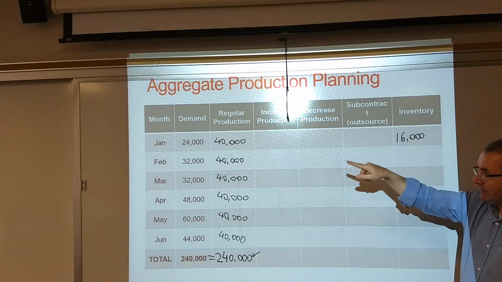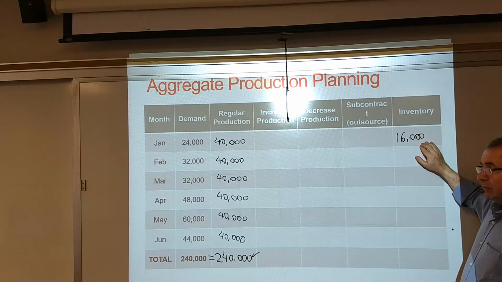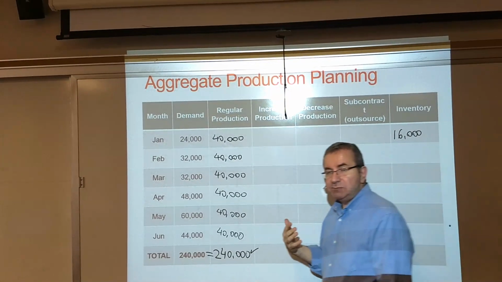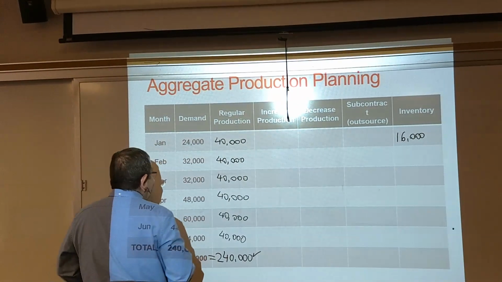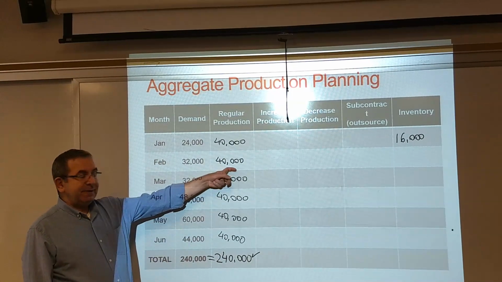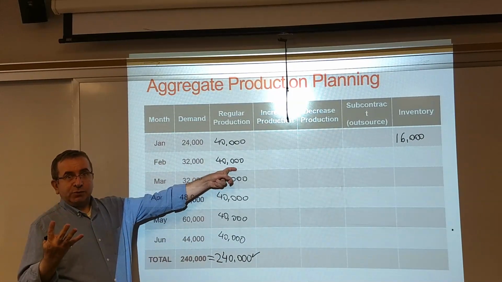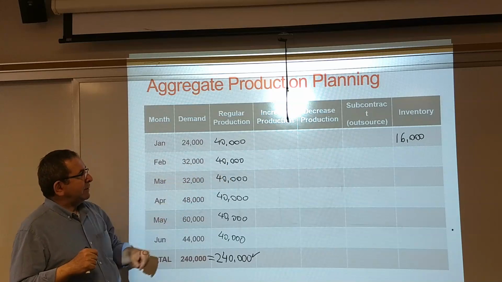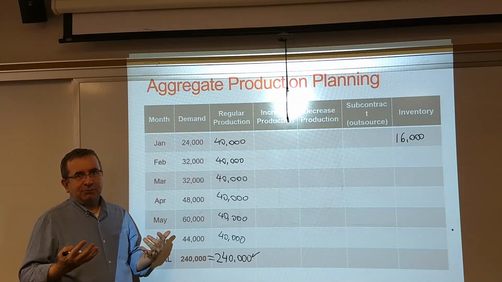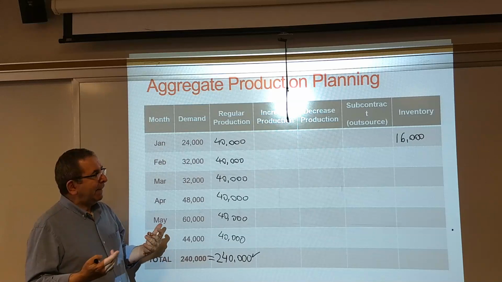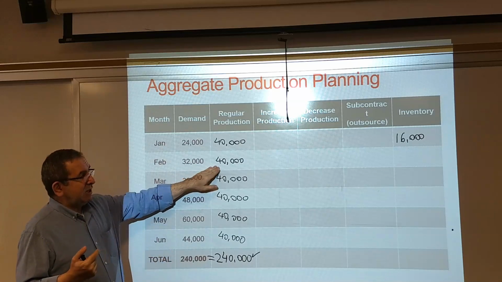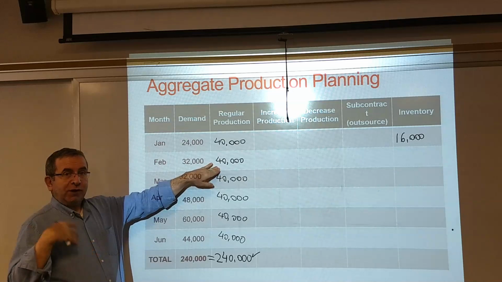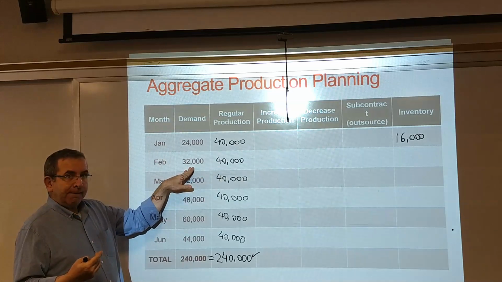So at the beginning of February, you already have 16,000 items. Plus, you make 40,000 items, because that's what you do every month. But customers only want 32,000 products. Again, you cannot sell your production. You have produced more than demand.